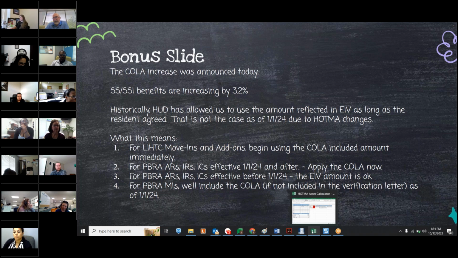You would take the letter amount and multiply it by 1.032, which gives you the current amount plus the COLA, and then you'd multiply that amount by 12. For move-ins, it doesn't apply to you, CCP, so you're not going to have to worry about it until after 1/1/24, at which point they probably will have a letter with it already included.